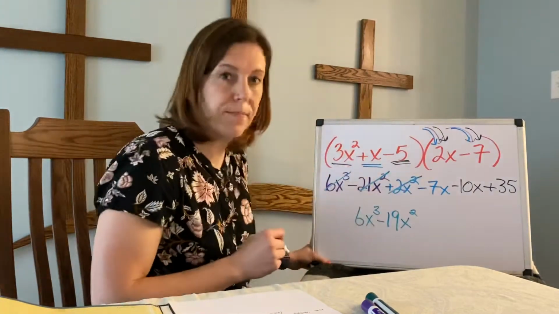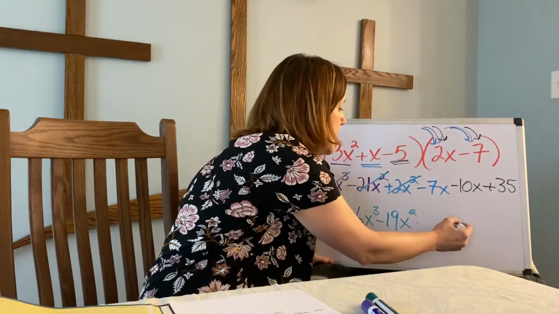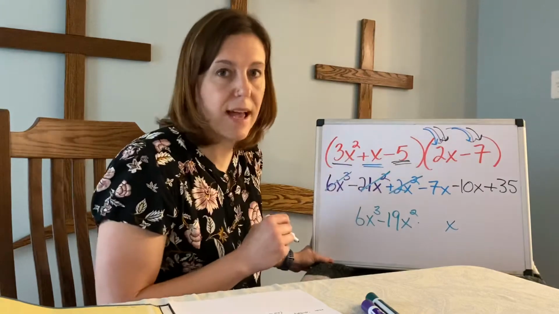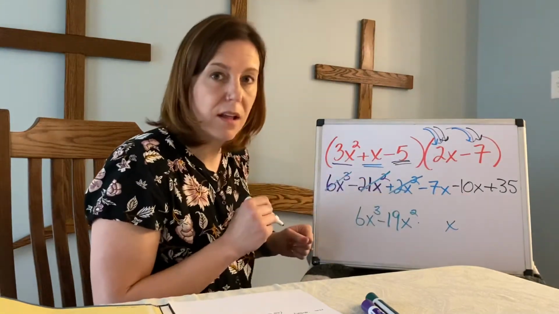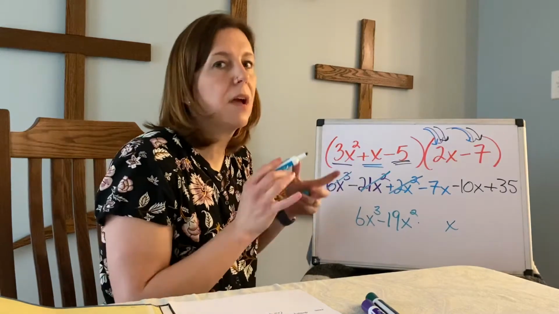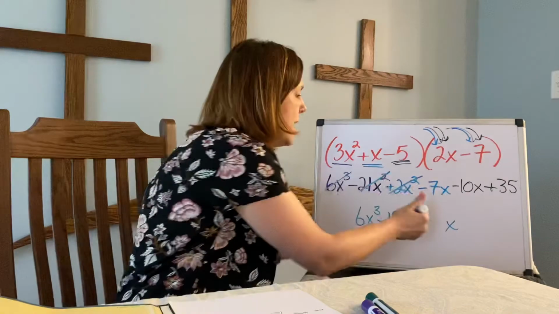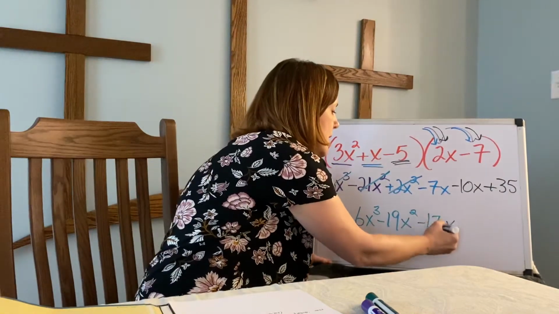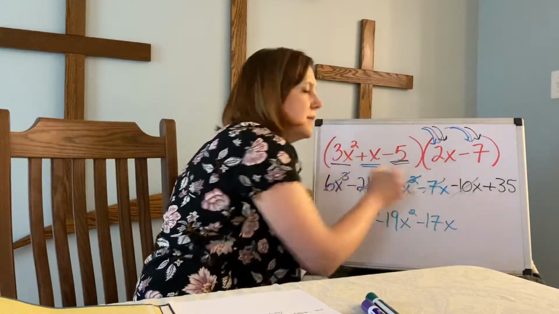I'm going to cross them out. My next one is going to be just my x to the first power. And I see I have 2 of those, 2 separate terms that need to be combined using the coefficients. Negative 7 minus 10 gives me negative 17x. Cross them out.